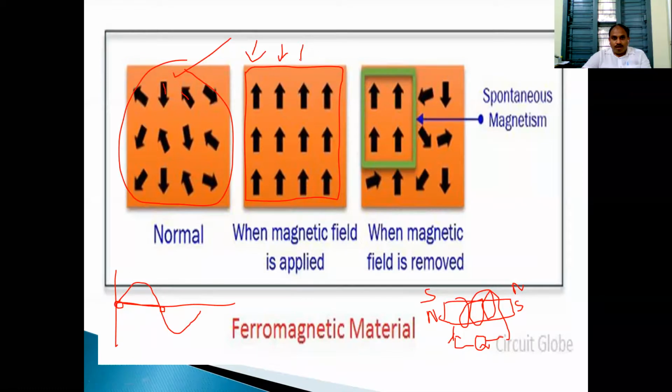That means we need some power to reverse the magnetic field. North pole, south pole for the positive cycle, and south pole, north pole for this cycle. That means every half cycle, the magnetic poles are reversed.